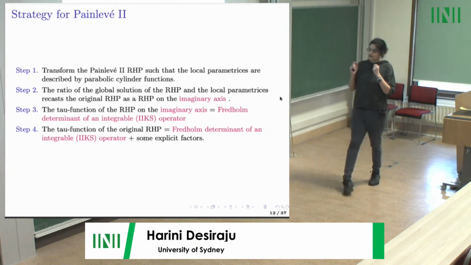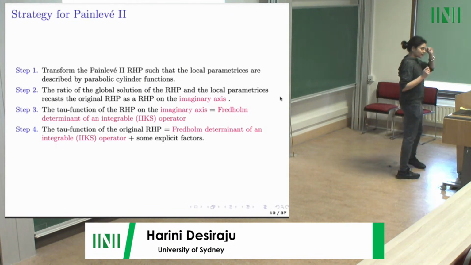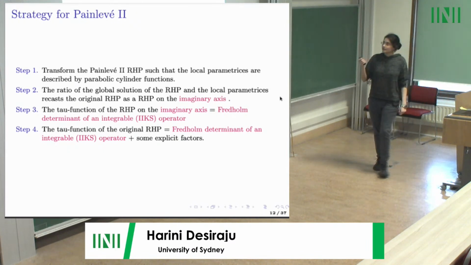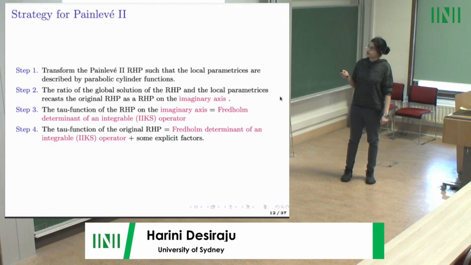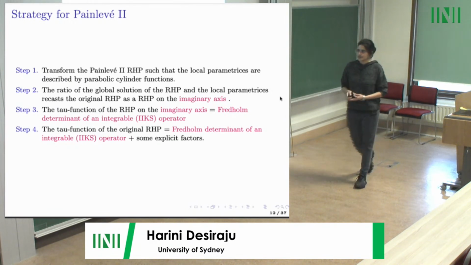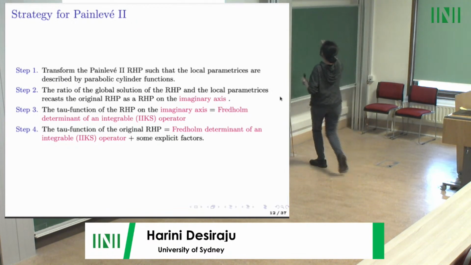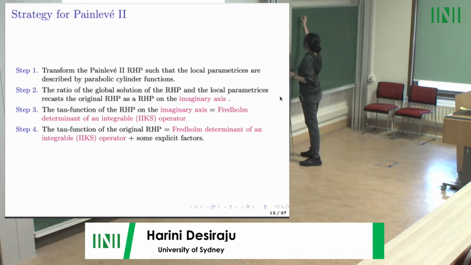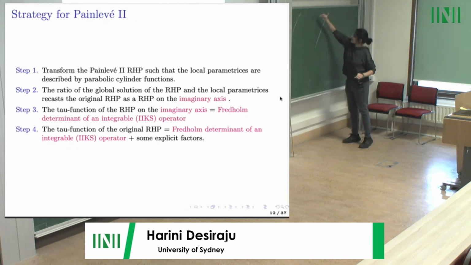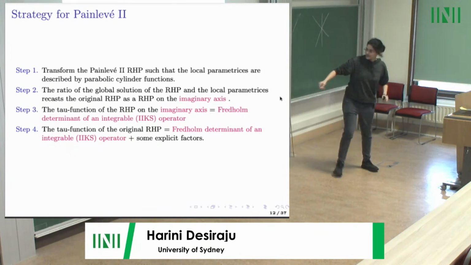Okay, so there is a 4-step process of understanding how to construct these determinants. The first step is to transform the Painlevé II Riemann-Hilbert problem into parabolic cylinders. So I started from this Riemann-Hilbert problem.